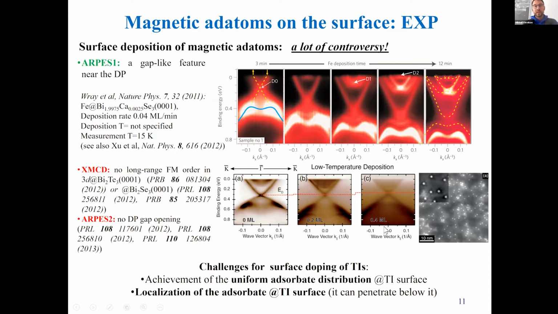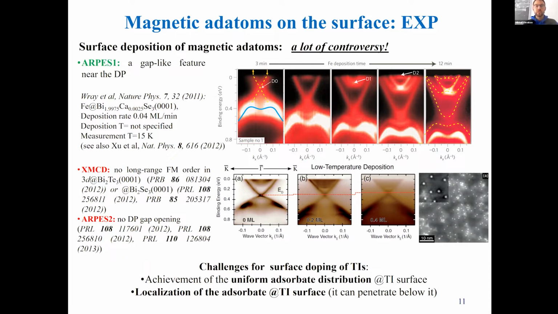Actually, the reason for the absence of the long-range ferromagnetic order might be a strongly non-uniform distribution of these atoms at the surface that tend to form clusters once their coverage exceeds, let's say, about 10% of the monolayer. So there are basically two challenges to open the Dirac point gap at the surface of a TI.